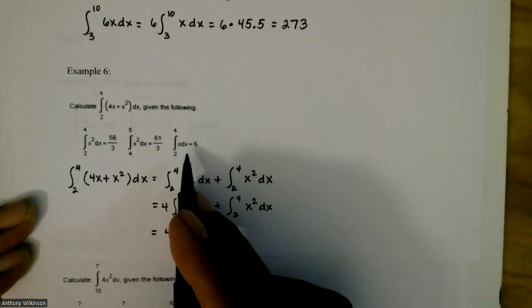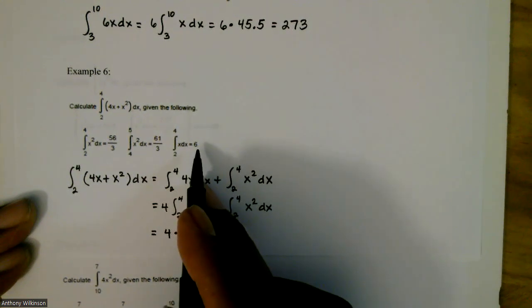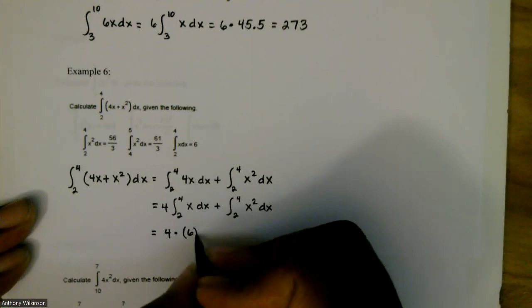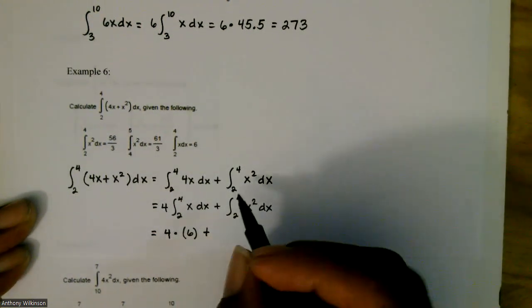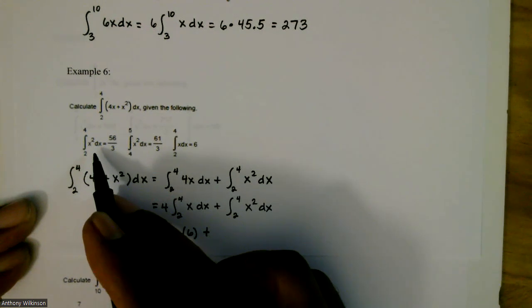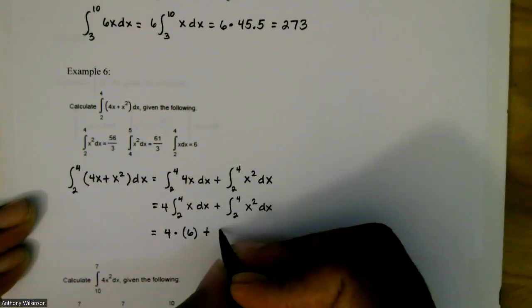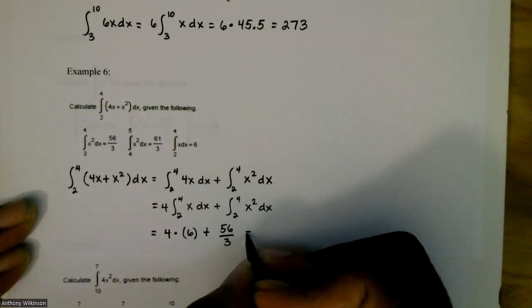I have that right here. Integral from 2 to 4 of x dx, that's going to be 6. So this will be 4 times 6 plus the integral from 2 to 4 of x squared dx. I have that right here. That's going to be 56 over 3. So I can replace this with 56 over 3.